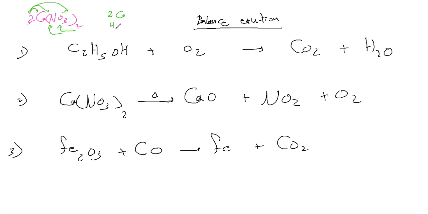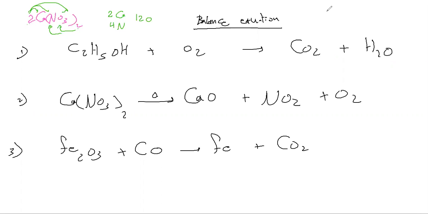And for oxygen, we have 3 multiplied by 2 multiplied by 2, which is 12, so 12O. So the number of atoms of Ca is 2; of N is 2 inside brackets multiplied by 2, which is 4; of oxygen is 3 multiplied by 2 multiplied by 2, which is 12.